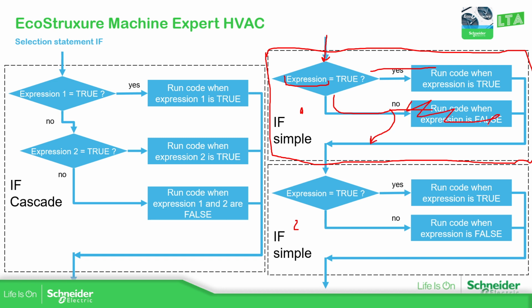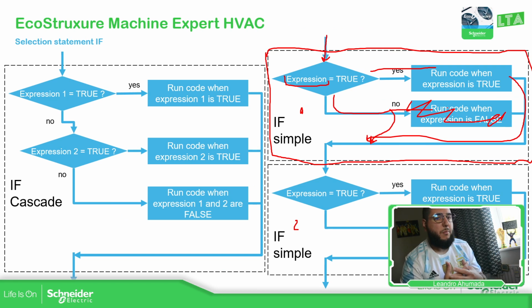It doesn't run anything, it just goes to the end and continues with the execution of the code. I'm going to explain this part because it's going to be much easier than when we see the code. Basically, if it's true, it's going to be executed. Otherwise, it just jumps to the end and continues with the code that you have.